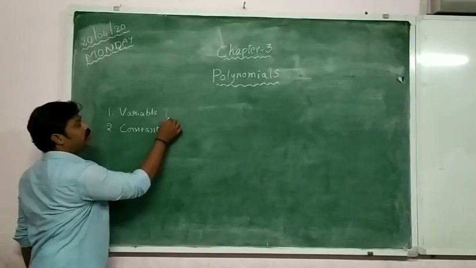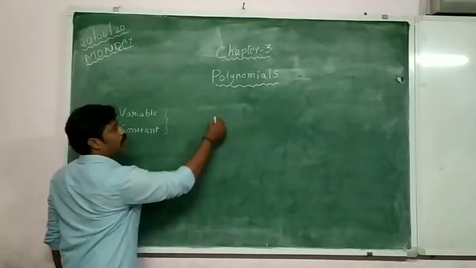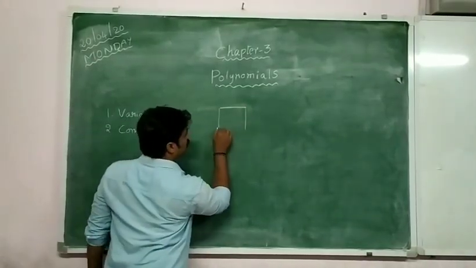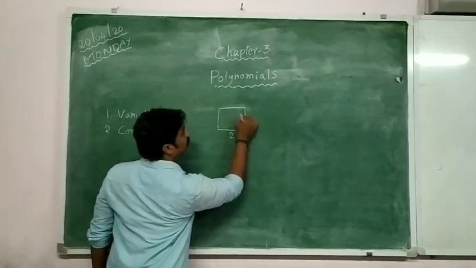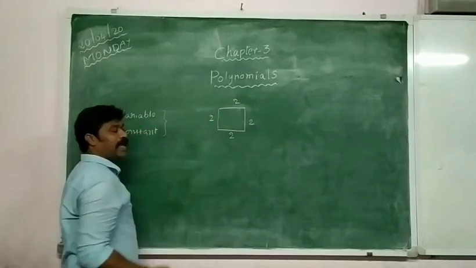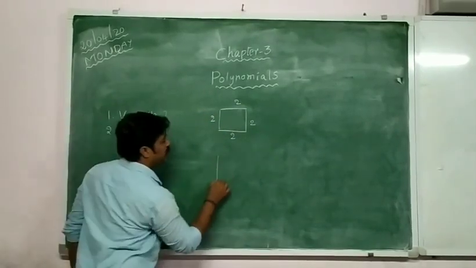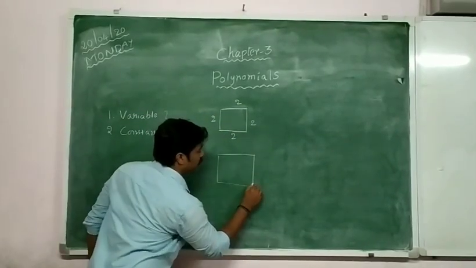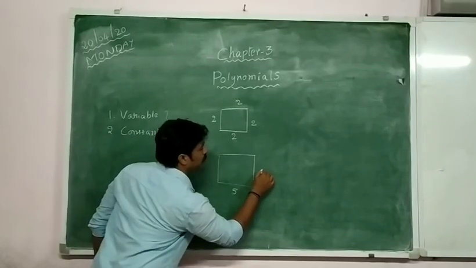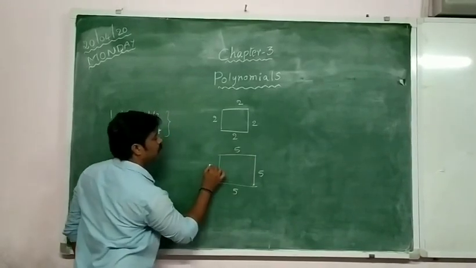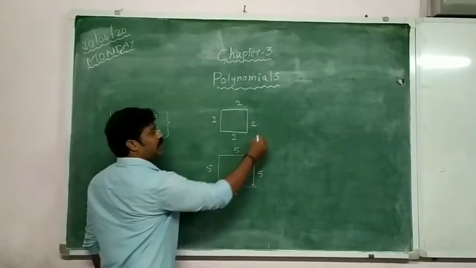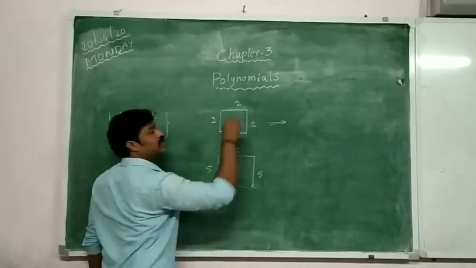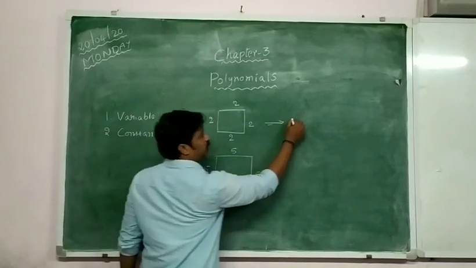To define these two, take one example of a square of 2 units. Take another square of size, let it be, 5 units. If you want to find the perimeter of these two squares, we know that the perimeter of a square is 4 into its side.